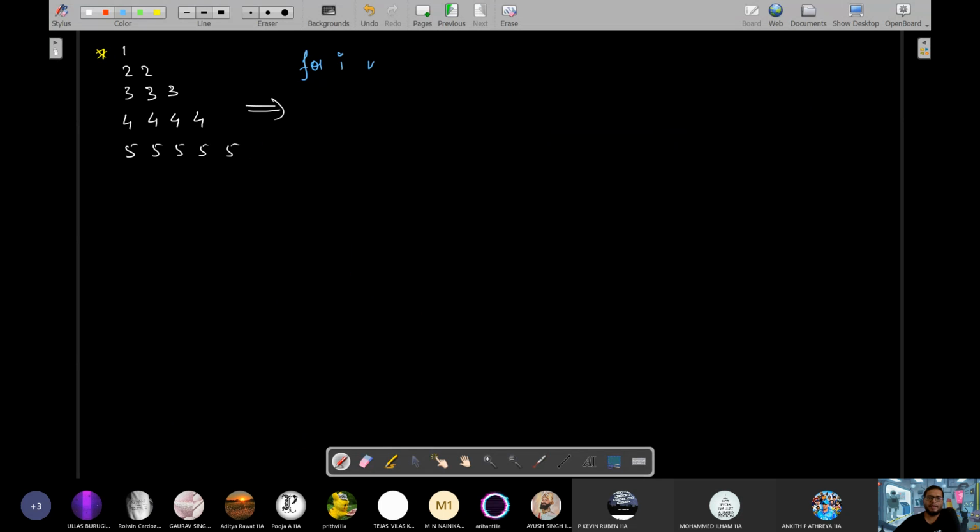For I in range 1 to 6, you'll write for J in range 1 to I plus 1, we will print. I don't know what to print, so let us leave it for now. And then we will print.